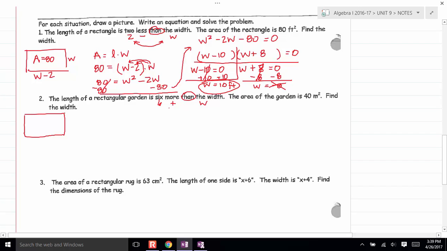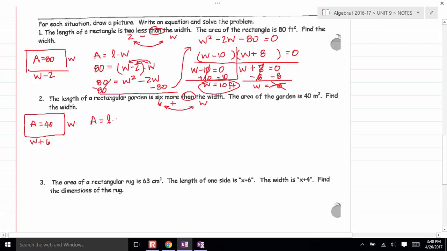And then the word then tells me that I need to change the order that I write my expression in. So I would reverse it and it would become W plus 6 for the length. And then W is standing in for my width. And we're told the area of the garden, the inside, is 40 square meters. Do the exact same thing we did in number 1.